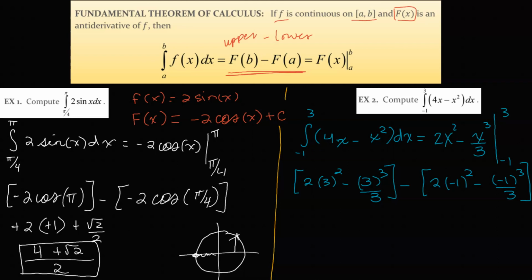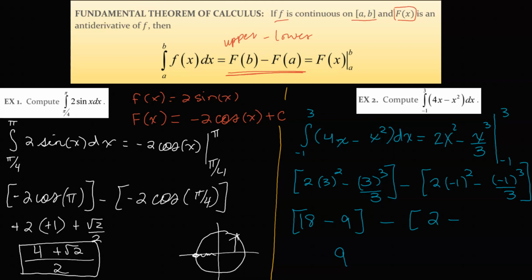And from there, you just do the calculations, right? 3 squared is 9. 9 times 2 is 18. Minus 3 cubed is 27, divided by 3 is 9. So the upper part is 18 minus 9, which is 9. Minus the lower part: negative 1 squared is positive 1, times 2 is 2.